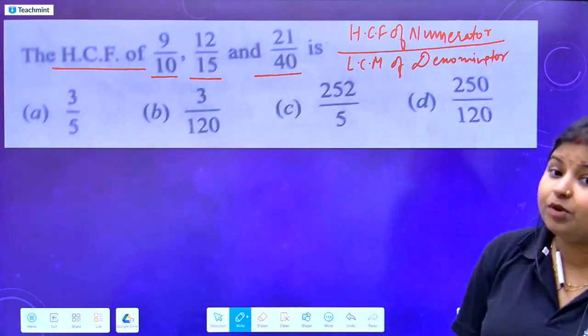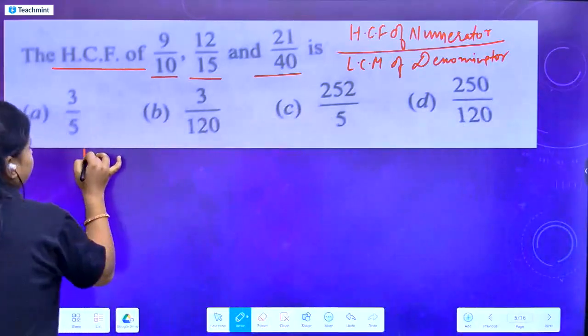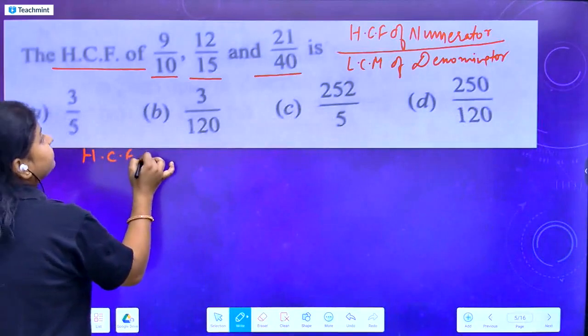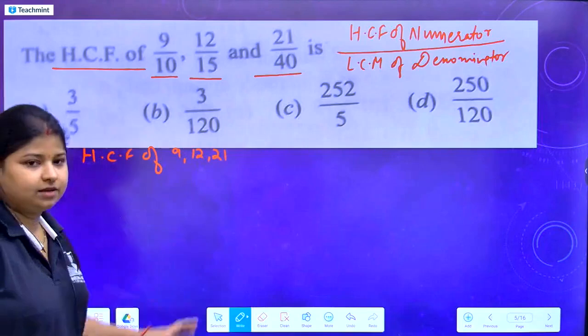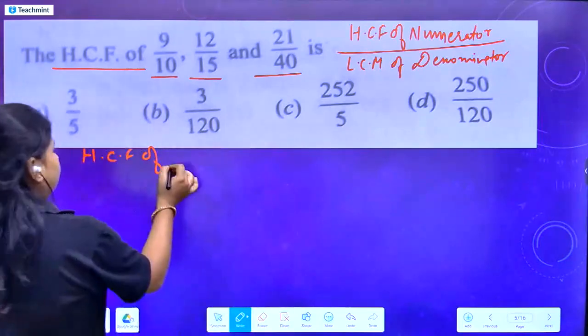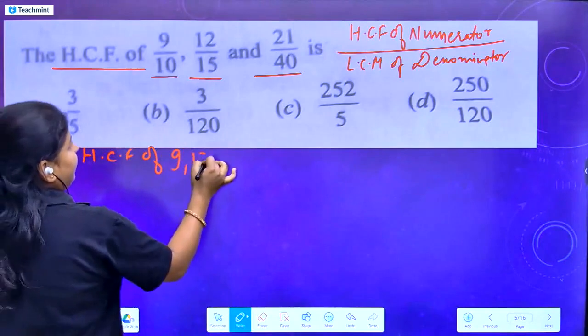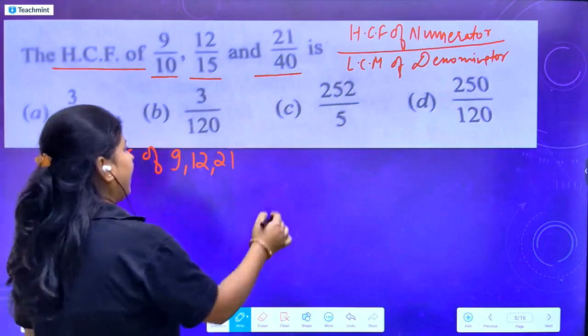According to the formula, we have to calculate HCF of 9, 12, and 21. Right? I shall write a bit larger.